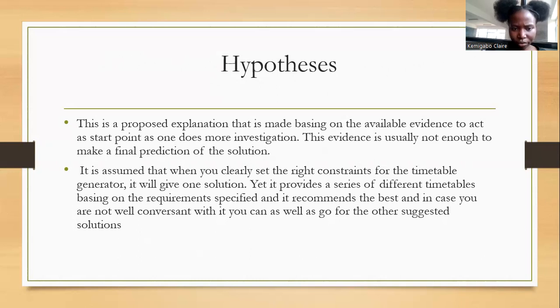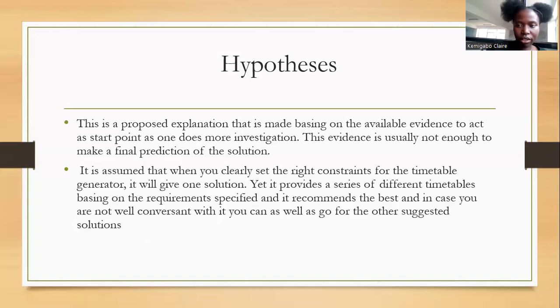It's assumed that when you clearly set the right constraints for the timetable generator, it will give one solution. But remember, we're using algorithms such as the heuristic, so it literally gives many solutions, just that it selects the best solution for you, like an optimal solution.